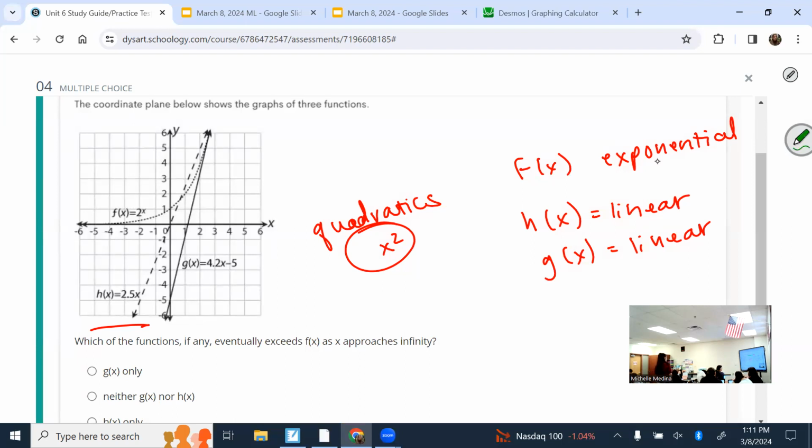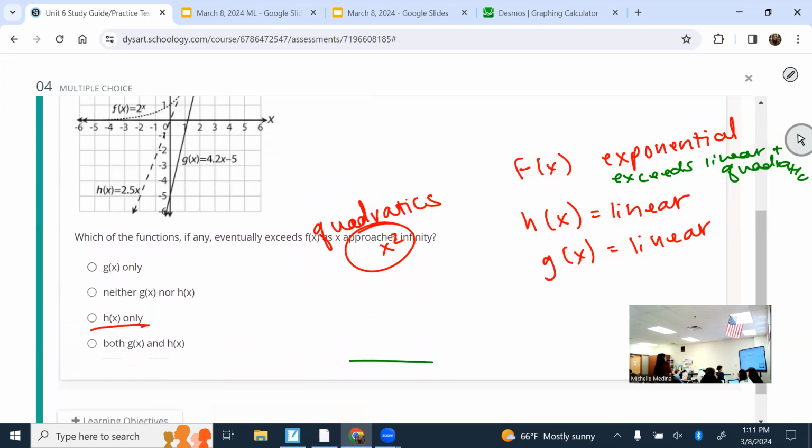Exponential will eventually exceed the others, both linear and quadratic. That's just a rule. And it says as it approaches infinity. So we know by definition, exponential functions will always exceed quadratic and linear. So our exponential is the f of x.